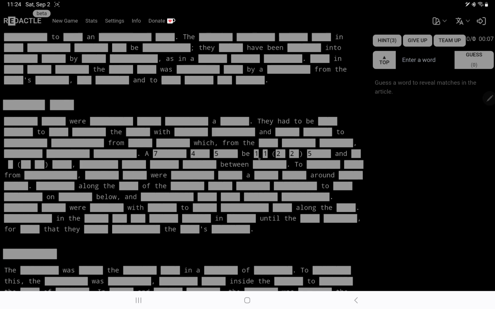This seems to be some height. I'm thinking in meters and then in feet. A 7-4 could be so many meters. What's that? Not high or long or wide.